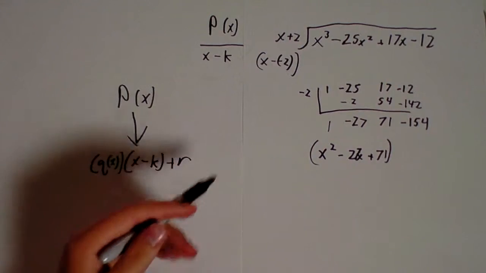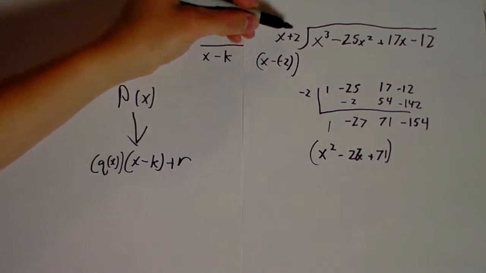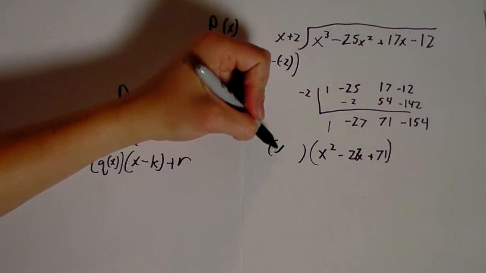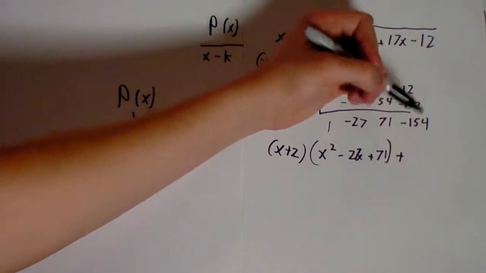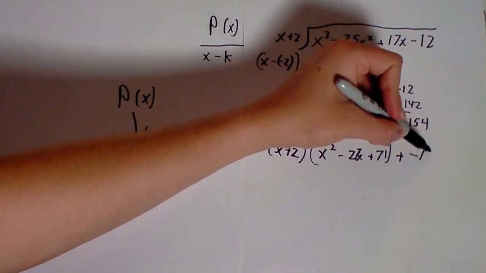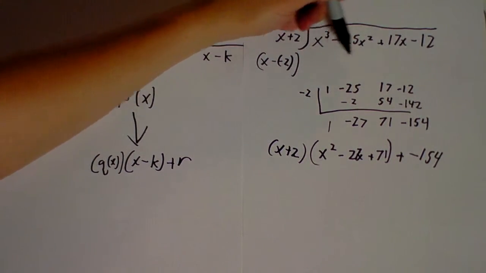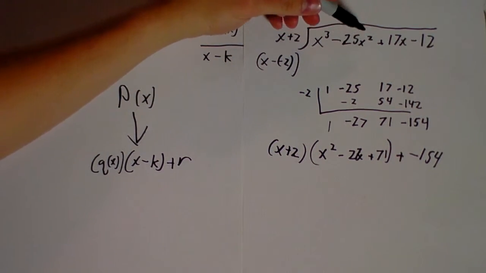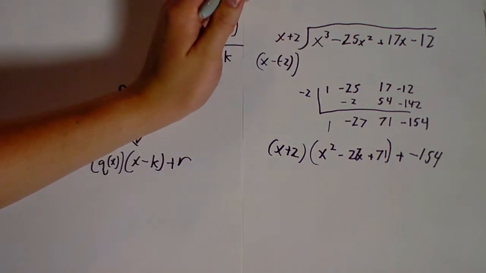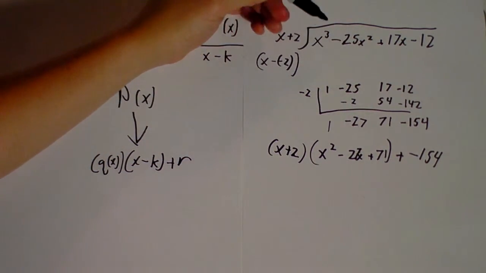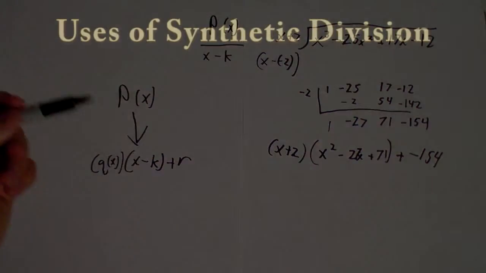So in this case, our divisor is x minus k, or x plus 2. So we've got x plus 2 times our quotient plus our remainder, negative 154, which should be equal to what we started with, this polynomial up here. And we could multiply these out, and hopefully we would find, if I did all the math right, which I think I did, that this stuff all multiplied out would be exactly equal to that.